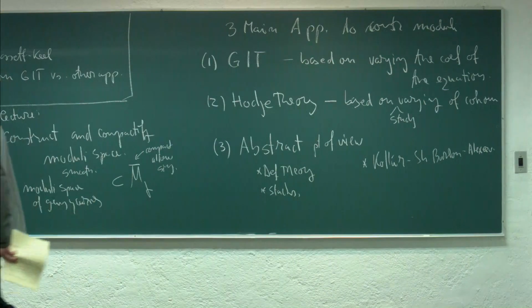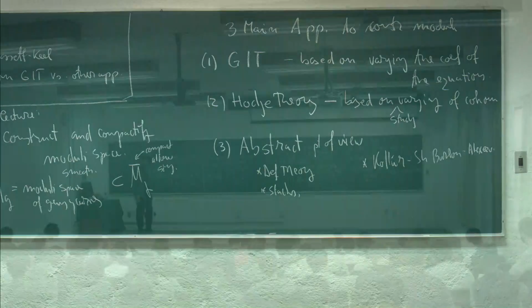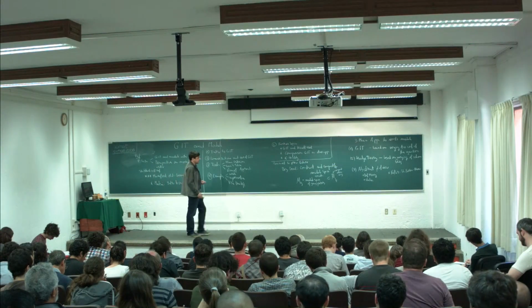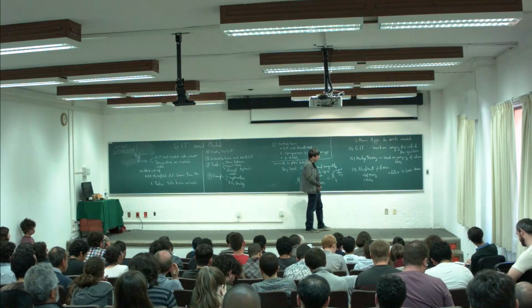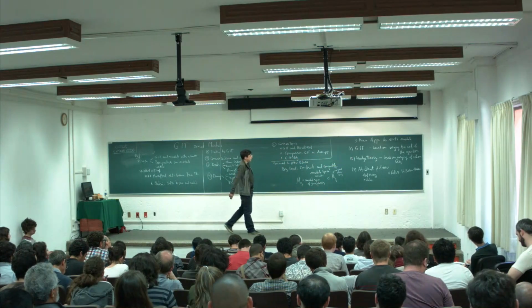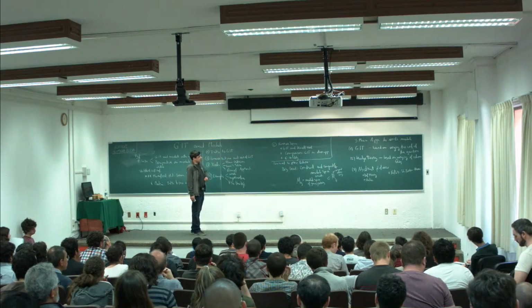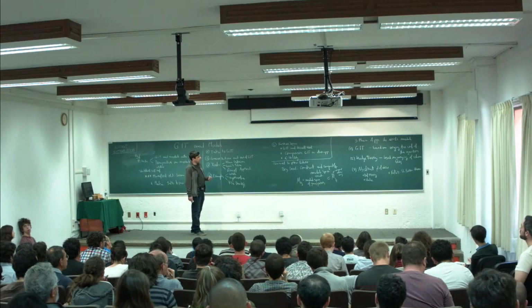So each of these approaches has advantages, and maybe I will touch on this towards the end of the class. There are slight differences or big differences between them. This is just to give you an idea of what's going on.